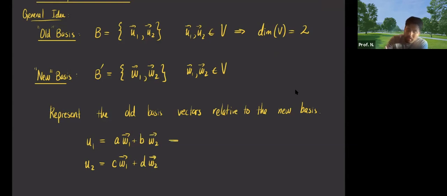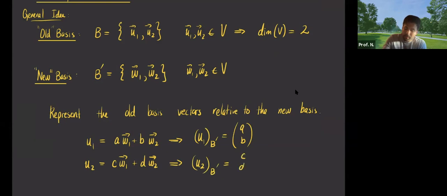Which would indicate that U1 with respect to the new basis is (A, B), right? Now we're going to be dealing with this idea of coordinate vectors relative to bases much more seamlessly throughout this. U2 with respect to the new basis is what? (C, D), right?